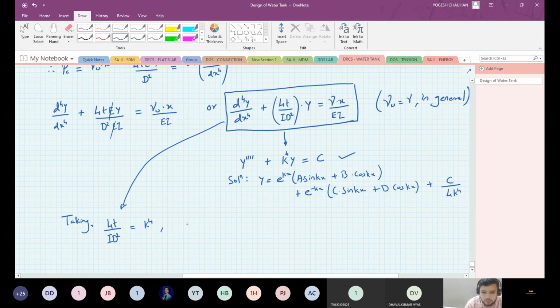So your expression becomes d to the power 4 y by dx to the power 4 plus k to the power 4 into y equals some constant c, which is equal to gamma x upon EI. See, this c and this c are different. This is some constant c, and this is another c. Let us designate this with a small c.